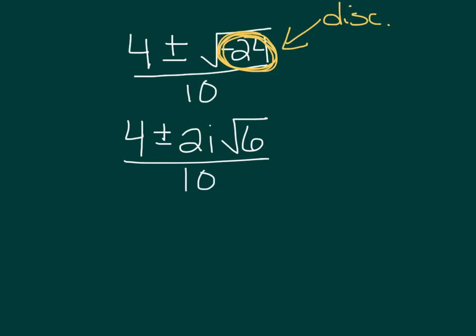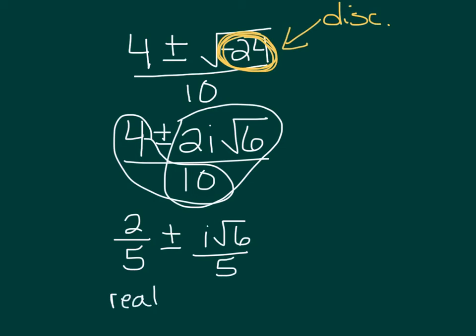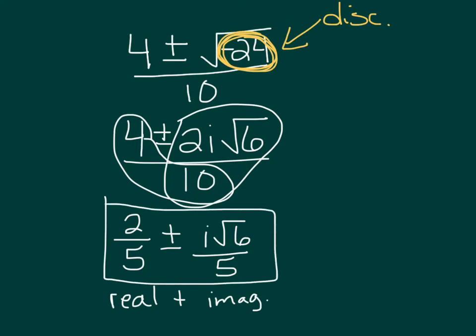And since this is supposed to be real plus imaginary, we've got 4/10, which is 2/5, plus or minus, and you see how this 10 goes with both the 4 and the 2i root 6. So 2 over 10 is 1/5, so I've got i root 6 over 5, real plus imaginary. So that means we've got two complex solutions.